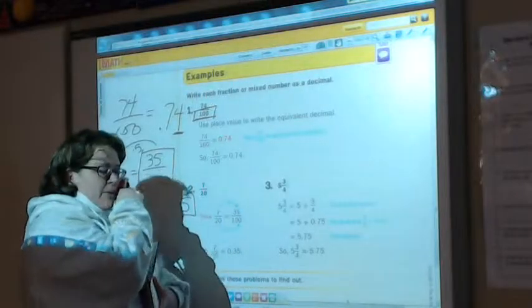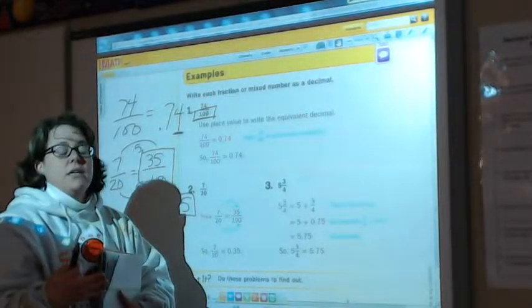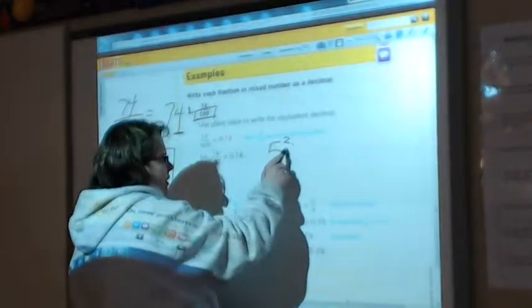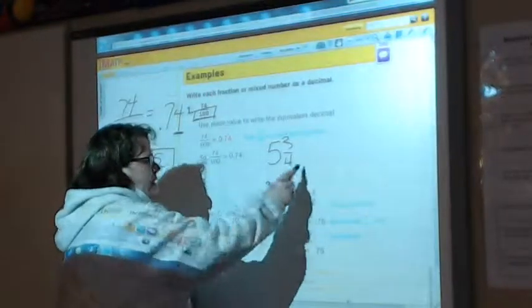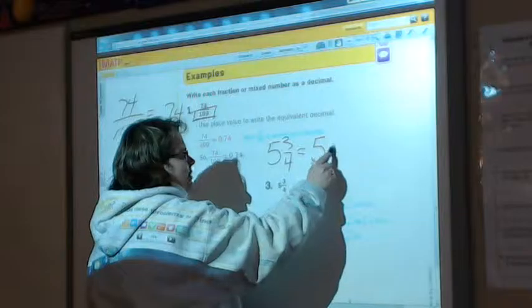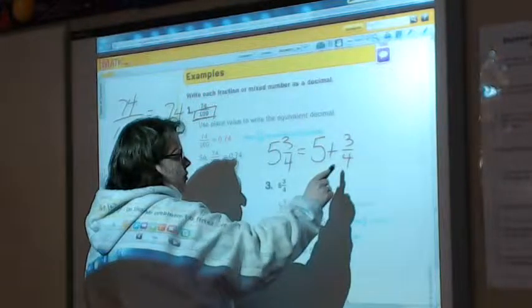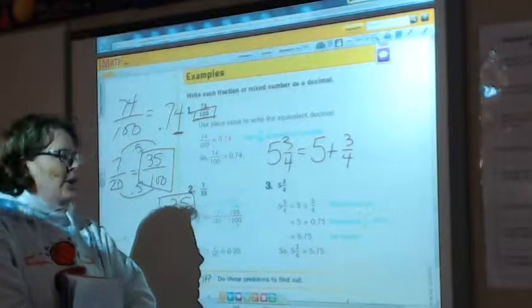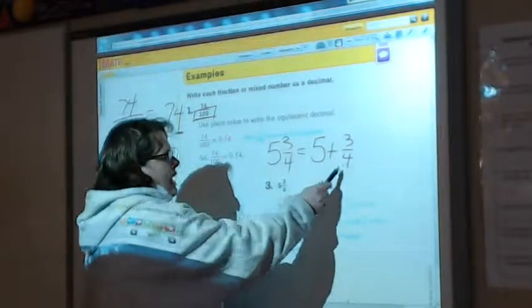Now in example number 3, this is taking a mixed number. You have 5 and 3/4. Now all that means is you have the whole number 5 plus the fraction 3/4. So for now, we're just going to hold off on dealing with that whole number, and we're going to work on that fraction 3/4.